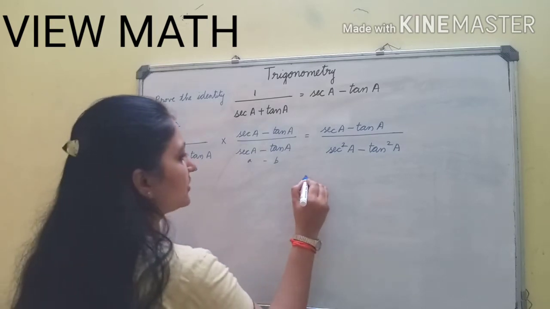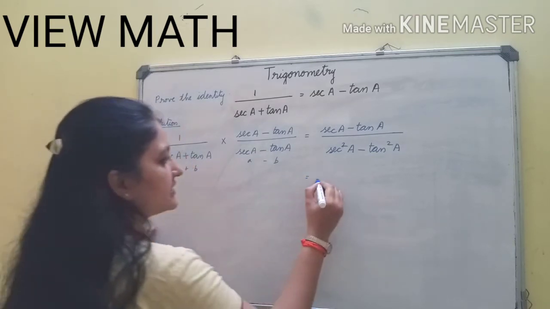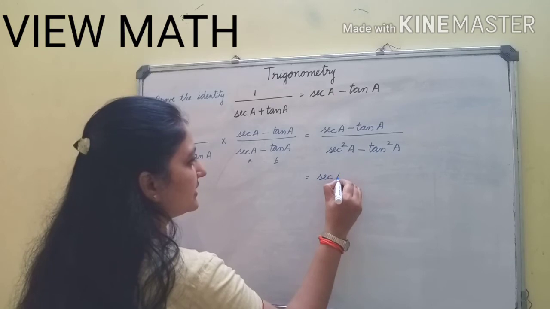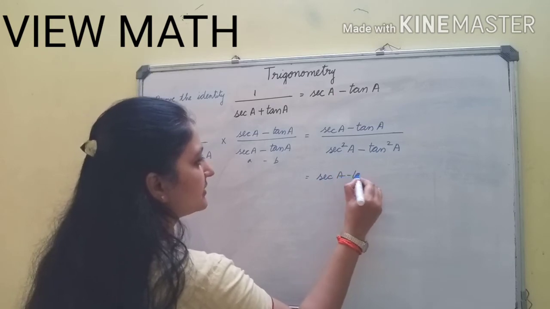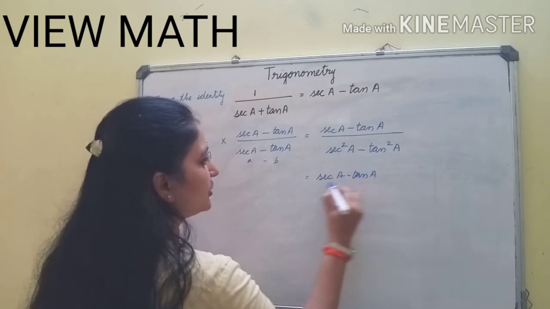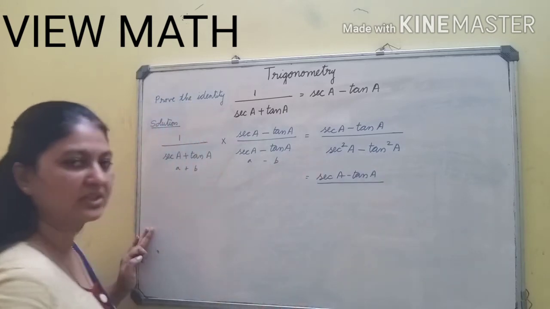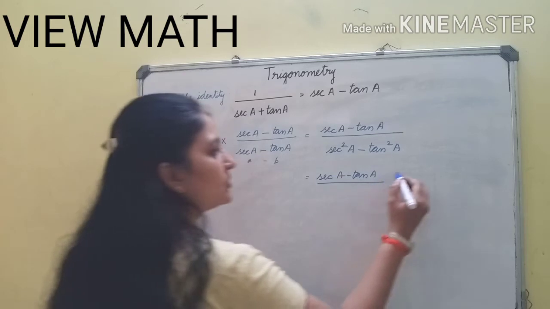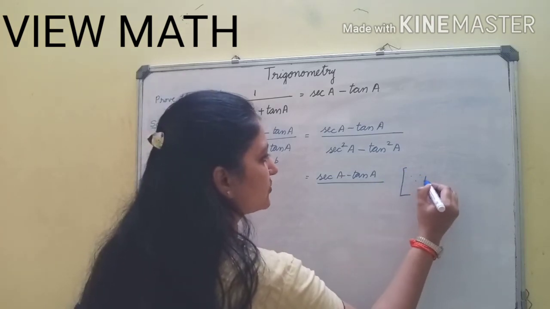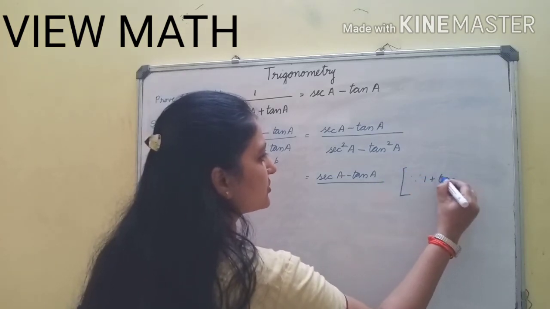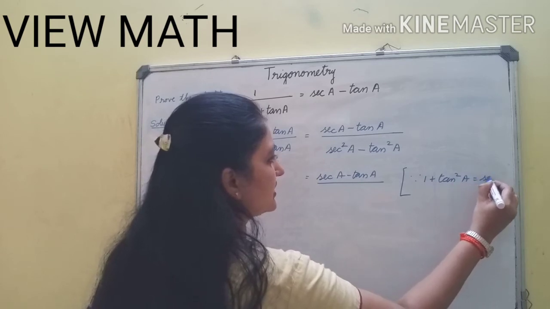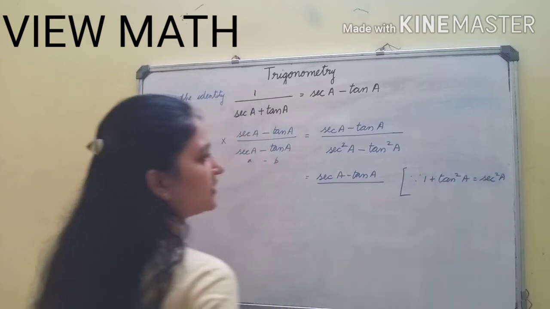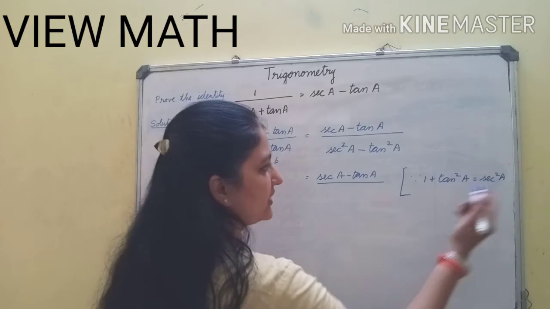Now this is equal to numerator as it is, secant A minus tan A. What is the denominator? You know the relation 1 plus tan square A is equal to secant square A. Now I am going to bring this tan square A to the other side.